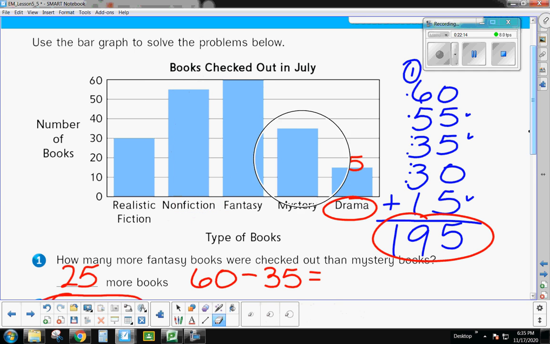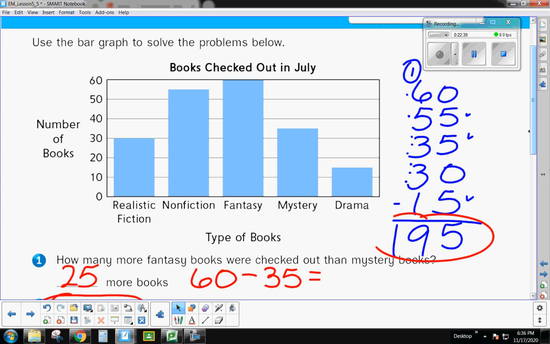So you could look at the bar graph to find out what was the most popular book being checked out. Well, fantasy, right? Because the bar is the tallest. What was the least common book checked out? And so drama. Maybe we could find the difference between those two, between the most checked out and the least checked out. So find the difference between fantasy and drama.